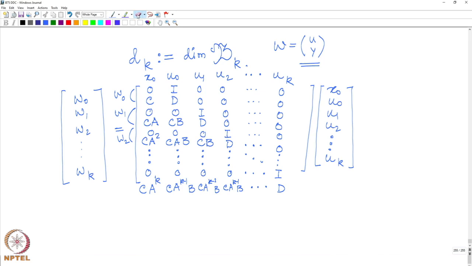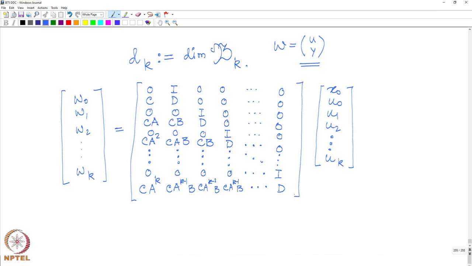Now I am going to get rid of these, and these brackets I need to make a little longer. I am not giving this matrix a name, or maybe we can call it M. This matrix Mk.